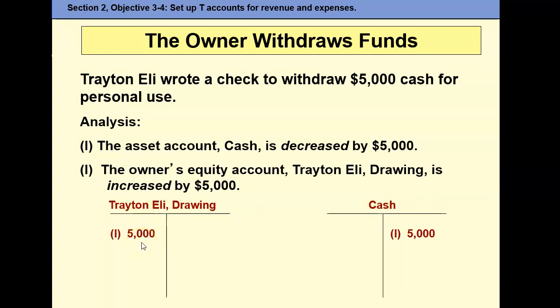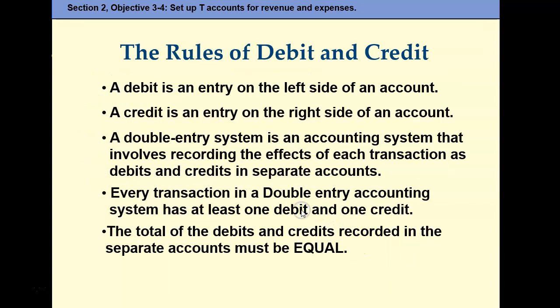The drawing account, which is increasing, is shown as a debit transaction. Cash, which is decreasing, is shown on the credit side. Once again, every transaction must be in balance. The total amount debited must equal the total amount that was credited.